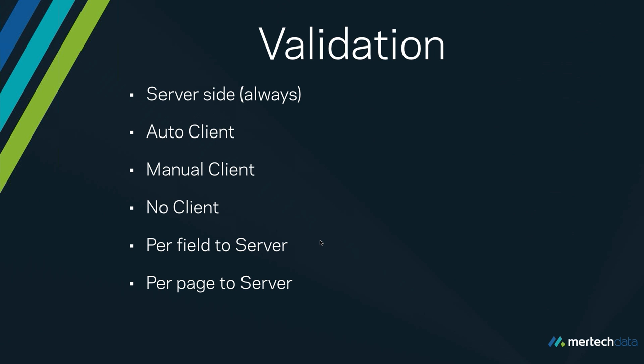If they enter a whole bunch of stuff, hit a submit button or whatever the case may be, and then find out that 6 of the fields don't validate, or worse yet, if you fail on just the first validation, and they fix that one and hit validate and find out the next field is invalid. Things like that can be very annoying from a user interface standpoint. So if you're not going to use validation on the client at all, you want to make sure that you're very careful and that you're using it only on small entries. The last 2 are the more interesting types of validation.